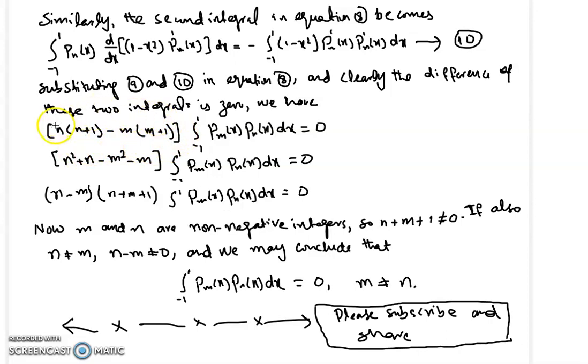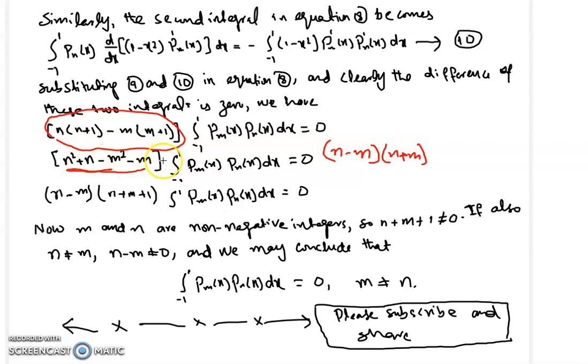So now we will simplify this expression, and we get n times (n square plus n) minus (m square plus m). Now we have to simplify this one, a little algebraic simplification. For example, we will use the n square minus m square formula, so we get (n minus m) times (n plus m).